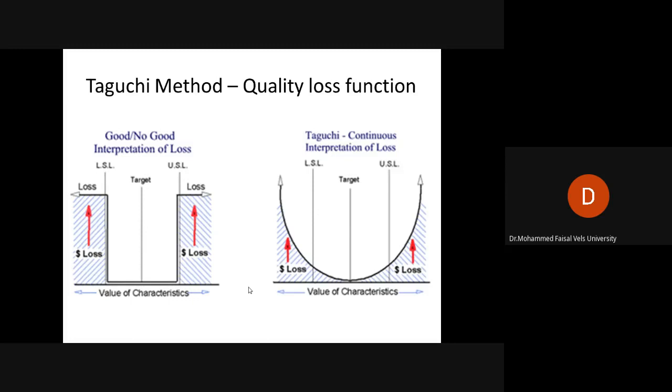In simple terms, assume that today you want to manufacture 100 mobiles, but you manufactured only 70 or 80. 100 minus 70 or 100 minus 80, say 20 or 30, that is a variation.